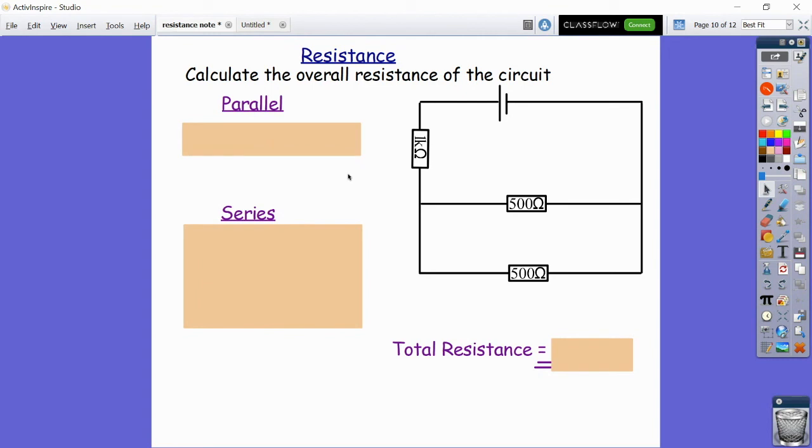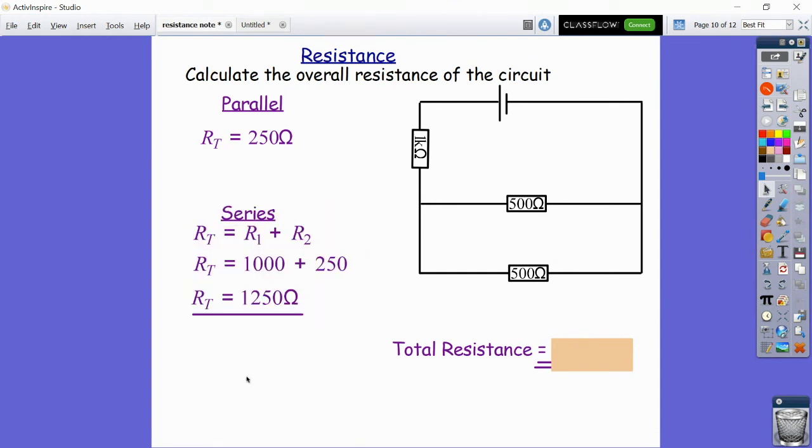So if we think back to what we said earlier, if they're the same value in parallel, it's actually nice and easy, if you remember, that we can just do 500 divided by the number of branches, which was 2. So we've got 250 ohms of resistance there, and the 1 kilo ohm in series with that. That gives you a total resistance of 1,250 ohms, or 1.25 kilo ohms. Okay, watch out for the kilo, meaning 1,000 ohms, or 1 times 10 to the 3 ohms. Make an answer nice and clear.